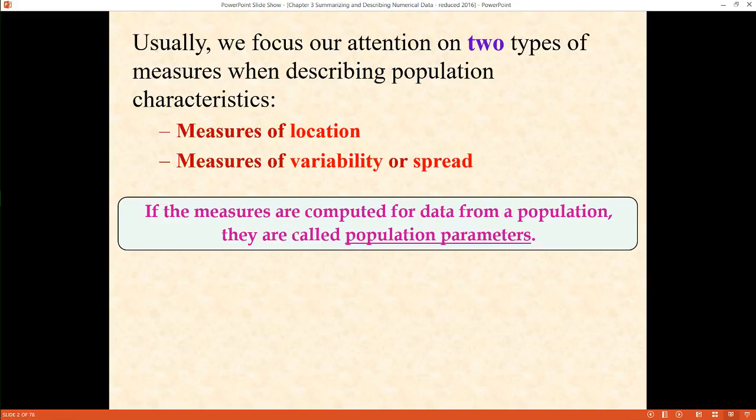As stated in the intro material, remember we need to keep track of whether the data is from a population of interest or if it's just a sample from a population of interest, because now we're going to see that calculating some of these summary measures is actually different depending on whether the data is sample data or population data.